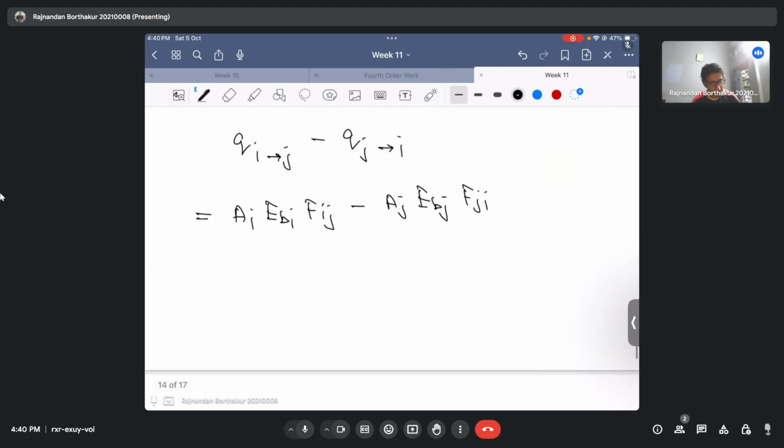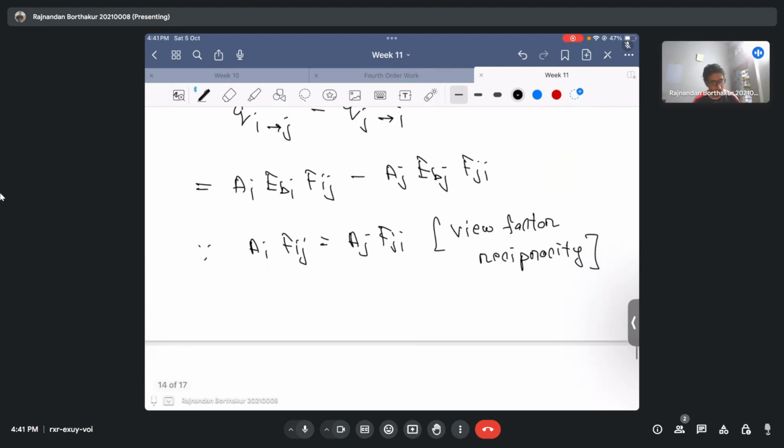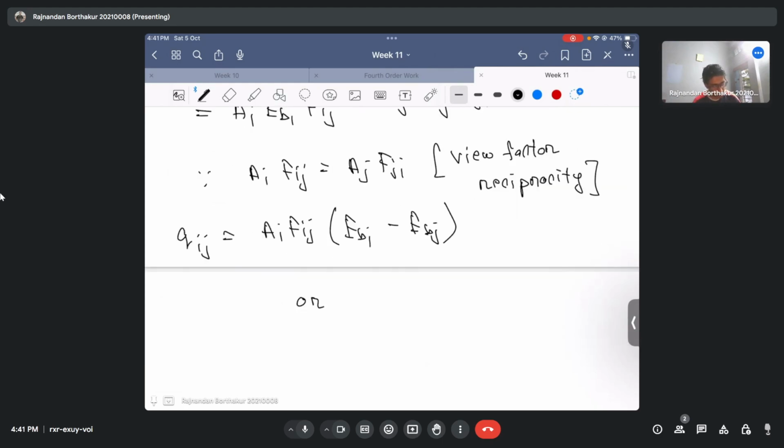But since AI Fij is equal to AJ Fji from the view factor reciprocity, I can write my net radiation exchange Qij as either AI Fij times (EBI minus EBJ) or AJ Fji times (EBI minus EBJ).